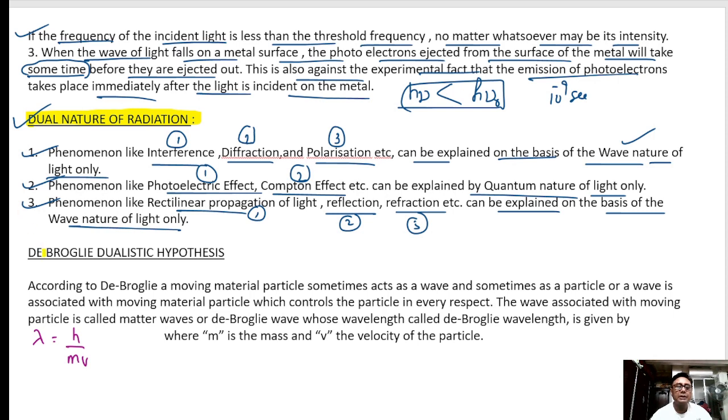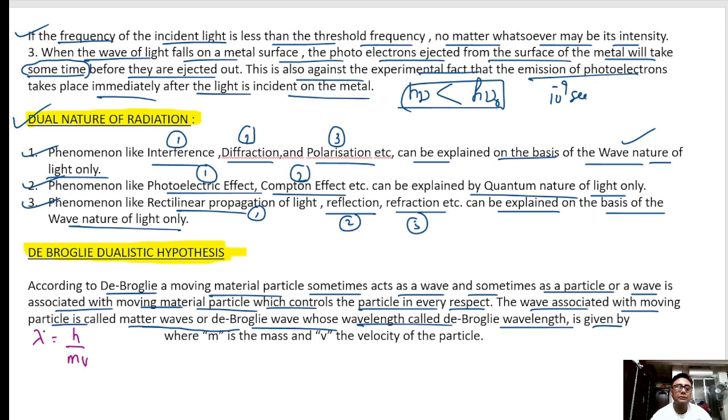Next, we are going to study de-Broglie's dualistic hypothesis, that means de-Broglie's wavelength. According to de-Broglie, a moving particle sometimes acts as a wave and sometimes acts as a particle. A wave is associated with the moving material particle, which controls the particle in every respect. The wave associated with the moving particle is called a matter wave or de-Broglie wave, whose wavelength is given by lambda equals h by mv.